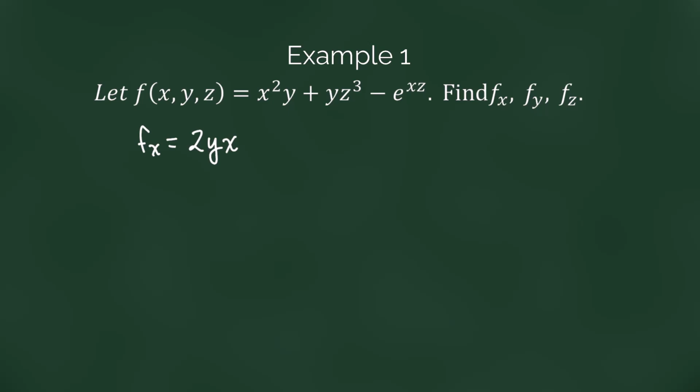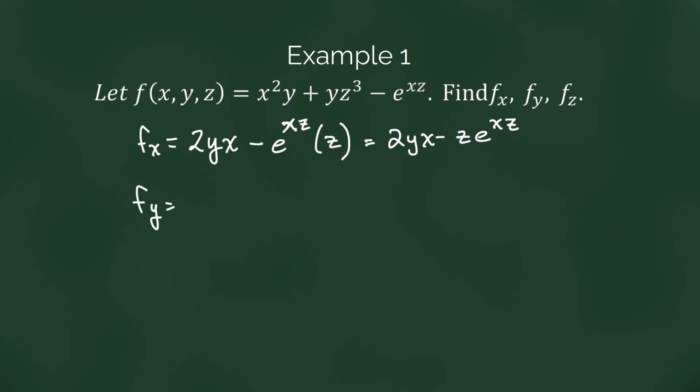That means its derivative is 0 when we're differentiating with respect to x. Our last term is e to the xz, so we know since that's exponential, it's going to repeat, and then we're going to multiply by the derivative of the exponent, and that is going to be z when we differentiate with respect to x. So we get 2yx minus z e to the xz.